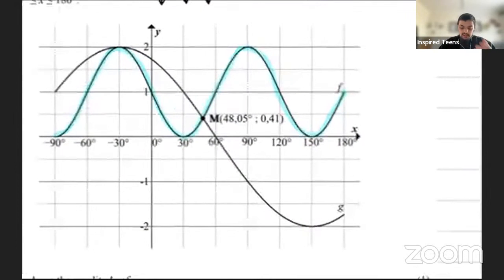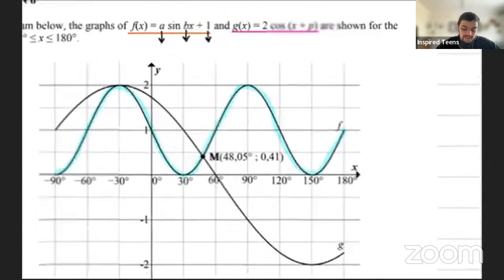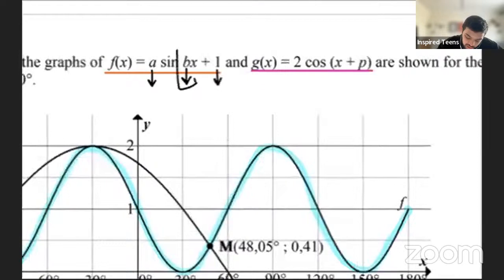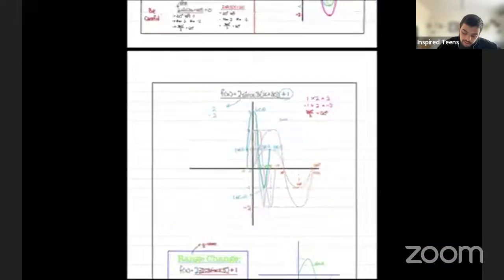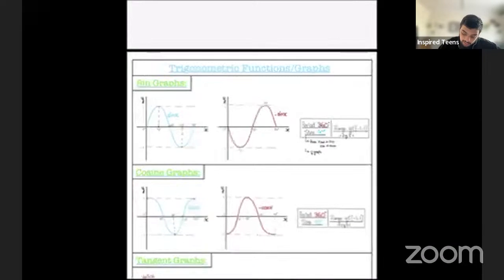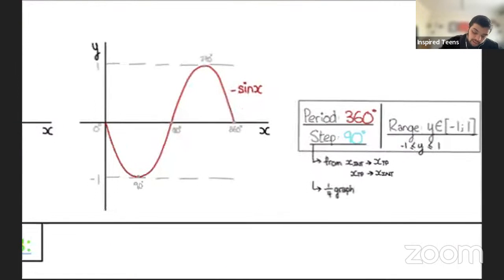So the first thing, what's easiest to identify out of the two for now, is a period change. Why? Because remember, the period of 360 is the entire wavelength of one sine graph.